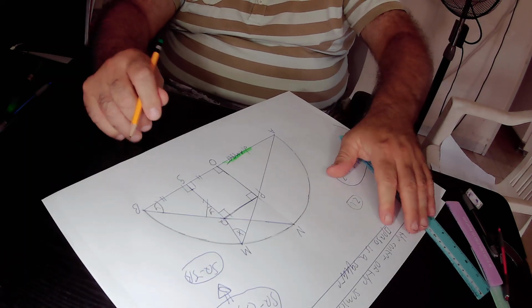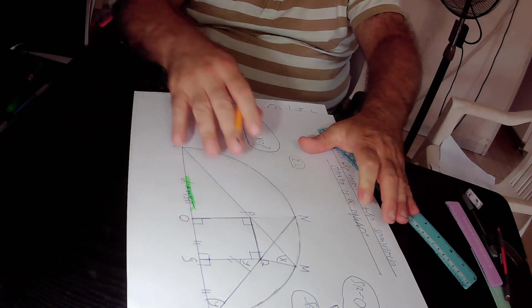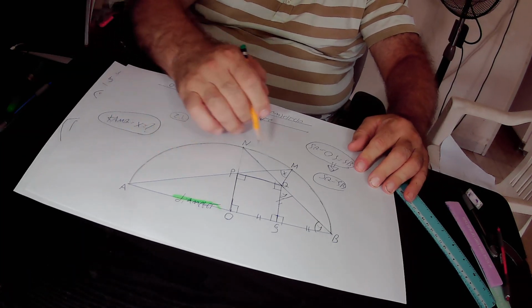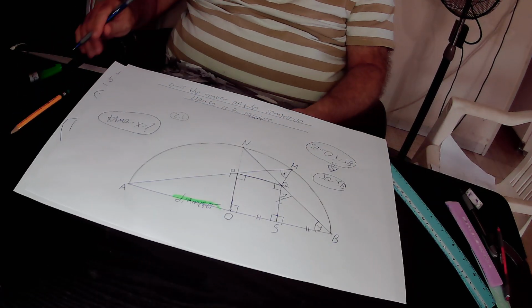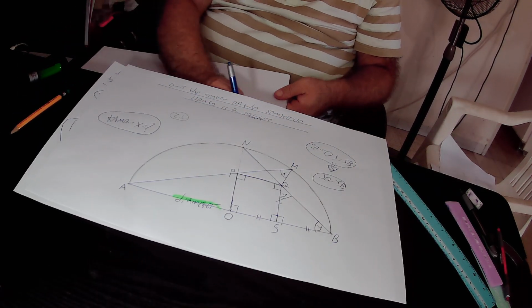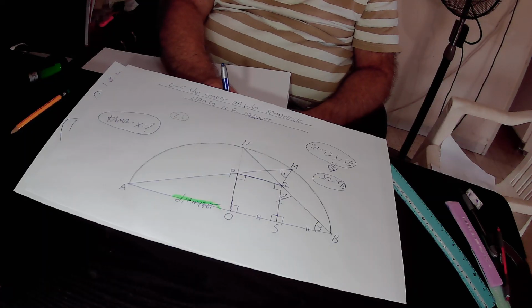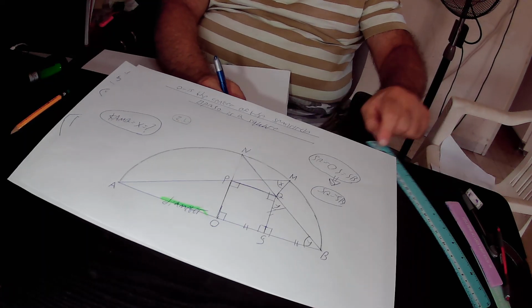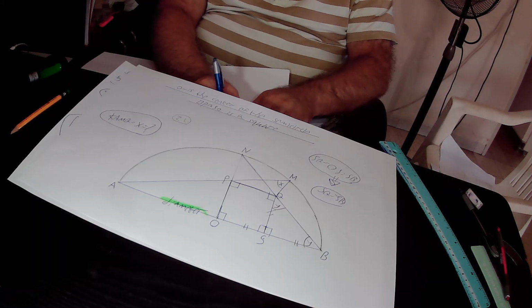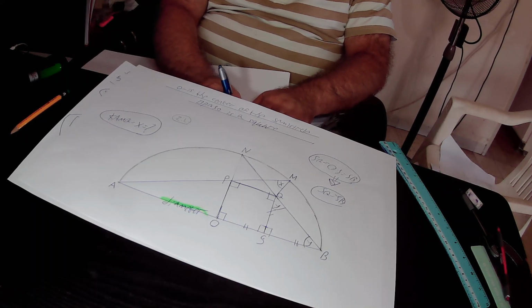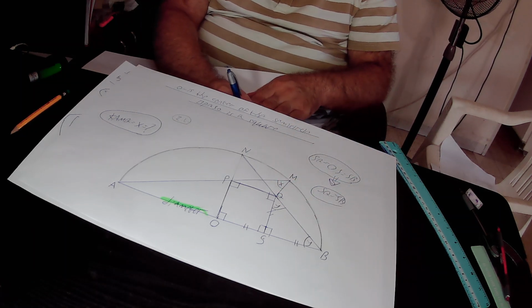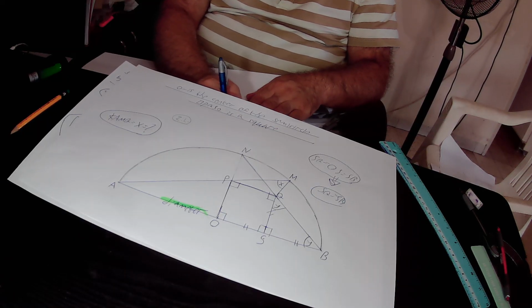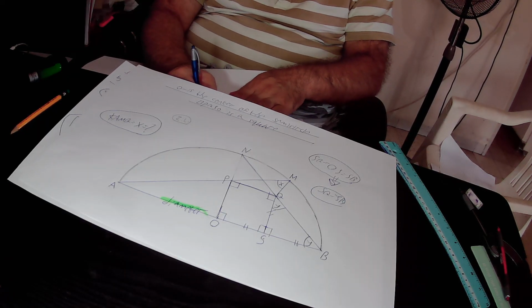We also know that the sum of the angles in any triangle is equal to 180 degrees. So y plus y is 2y, plus 90 degrees, in total must be equal to 180 degrees.